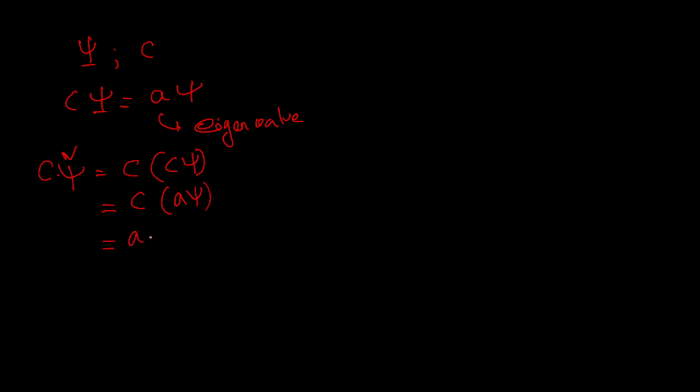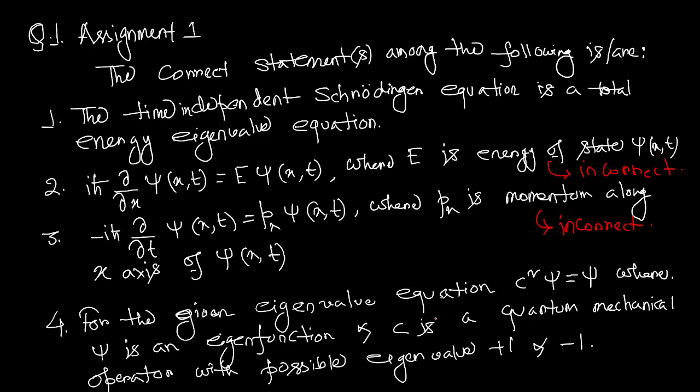Now a is a constant, and c of psi will produce a, so we get a square psi. Now in the question it is written as psi into 1. So a square is equal to 1, then the eigenvalue should be plus or minus 1. So the fourth option is also correct. So this is the correct answer.